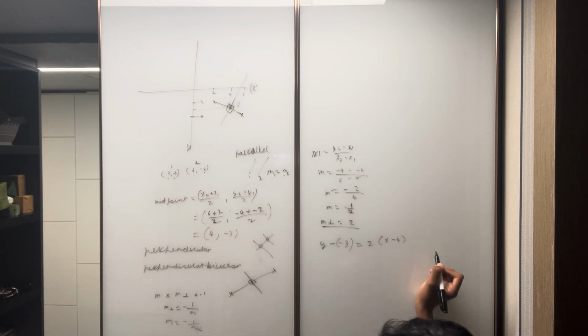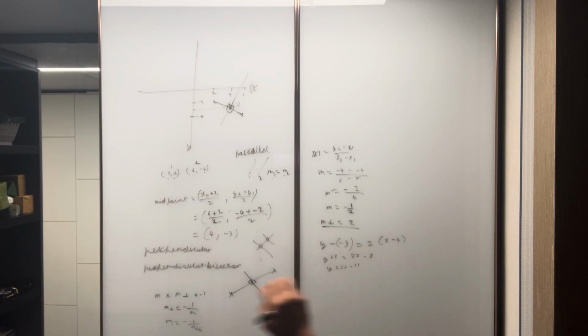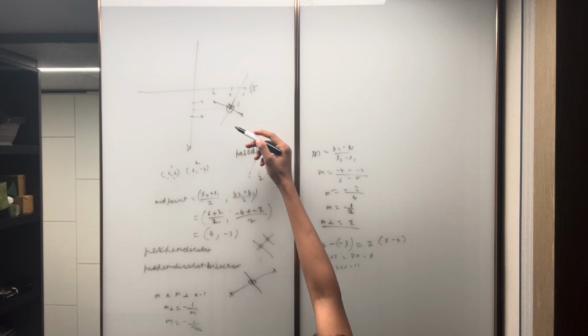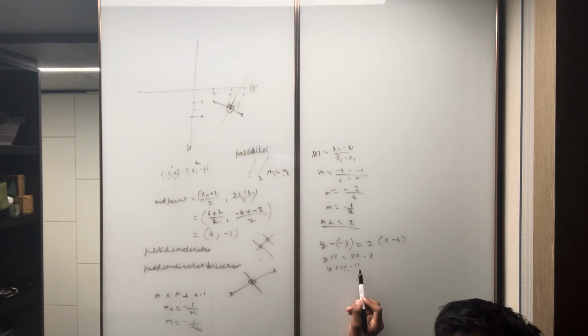We find y plus 3 equals 2x minus 8. You take y equals 2x minus 8 minus 3, which is minus 11. So this we found is y equals 2x minus 11.